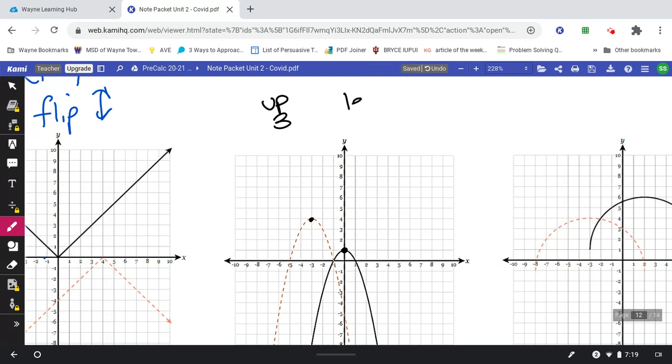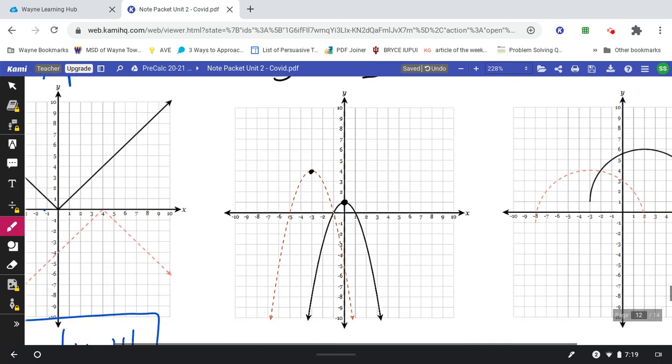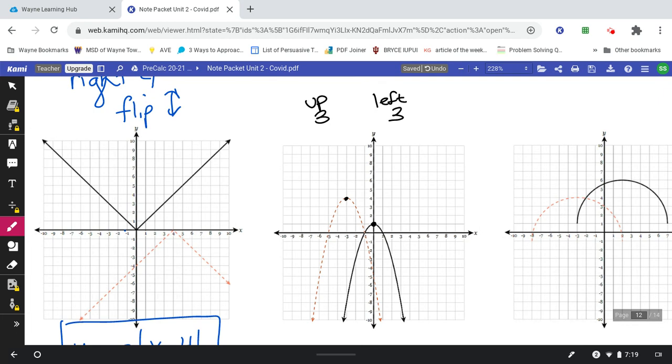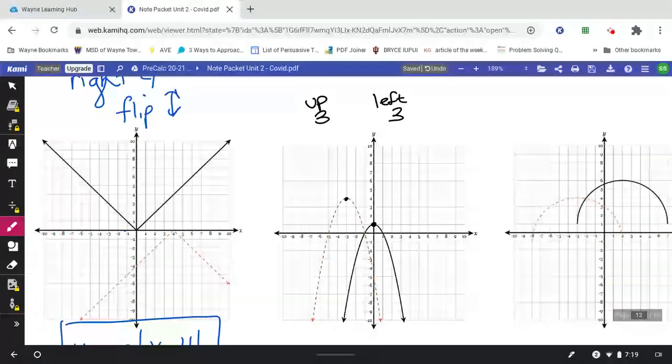and left 3. Now, I do notice that these parabolas are upside down, but the black graph was upside down originally, so it didn't get switched over. You're just making comparison of the original black graph to the red dashed graph.